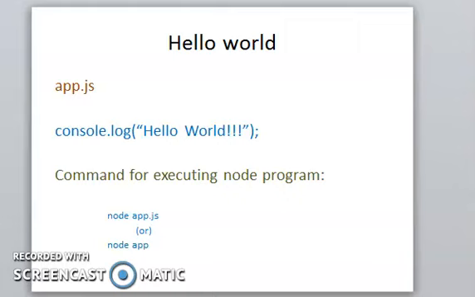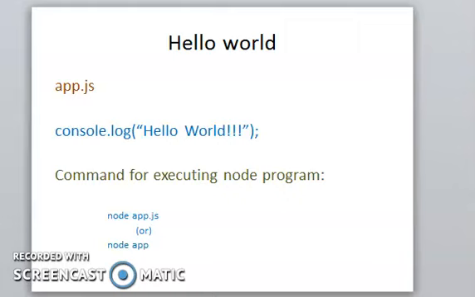When we run or execute app.js on the Node.js platform, my file name is app.js, and for running or executing this file, I am using the command node app.js.